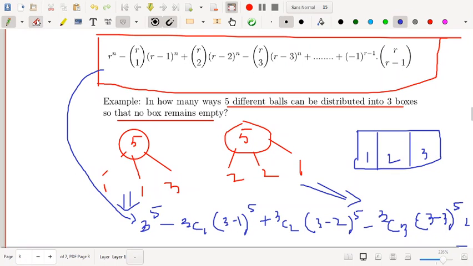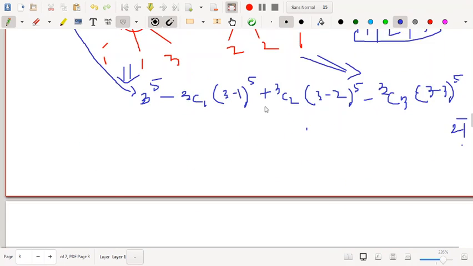So this is how you can calculate. I hope if you remember this formula, this will be easier for you. Otherwise this will be complicated, because a lot of logic is there, different ball, identical ball, different boxes, identical boxes, so you may get mixed up with that solution. So it's better to have this formula.